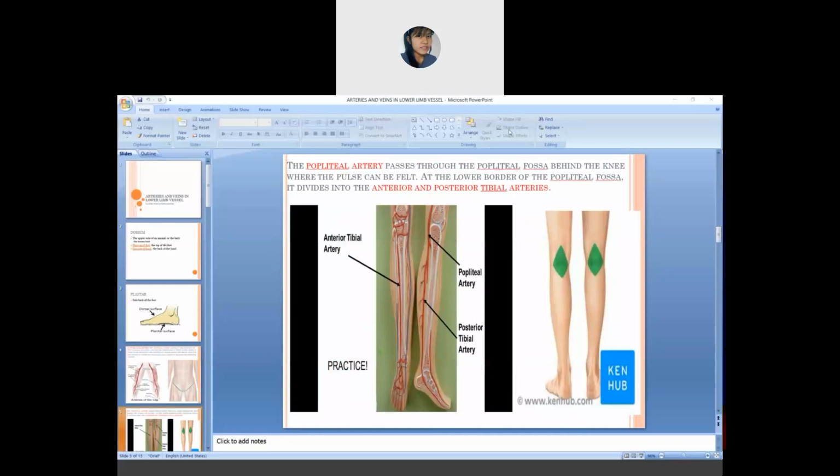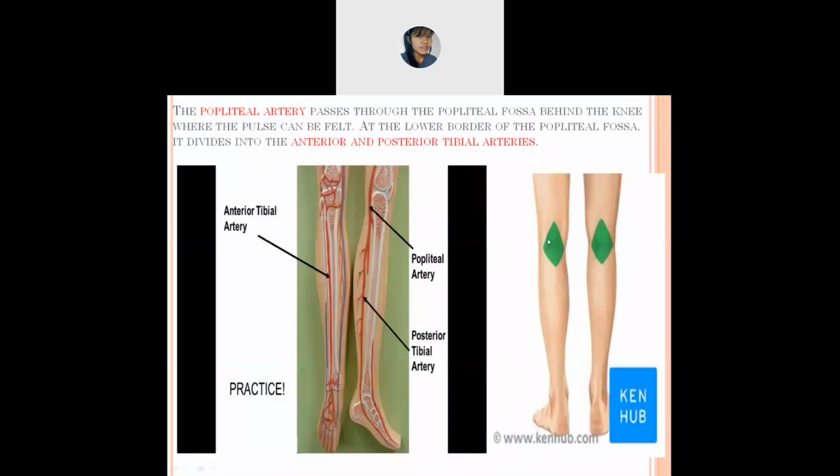Okay, Samuel, can you tell me? Salam Girija Devi, can you please tell me? I have mentioned one pulse, right? That it can be felt in this area.